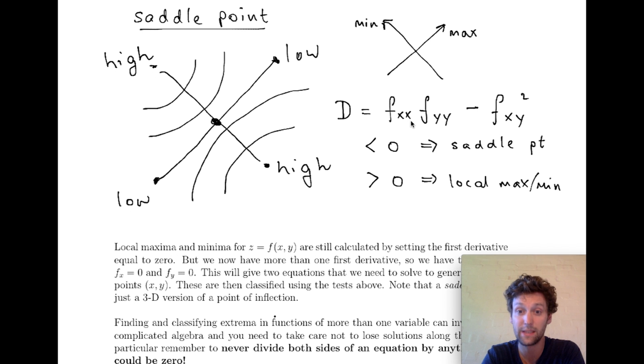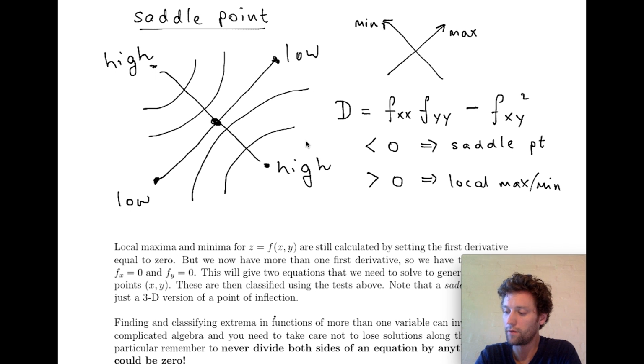So if this is a local maximum, then both of these will be positive. If this is a local minimum, then both of these will be positive, right? So the point is that this will only ever be positive if we're looking at a local maximum or a minimum. Positive times positive is positive, negative times negative is positive. So we don't have to worry about whether we're looking at a local maximum or minimum. This formula will take care of that for us.